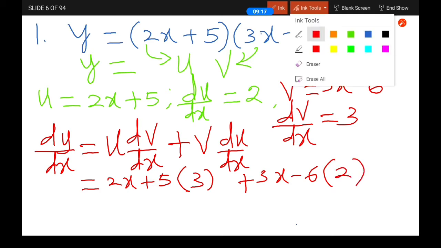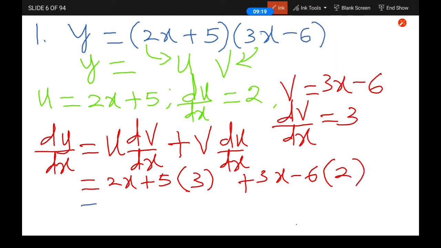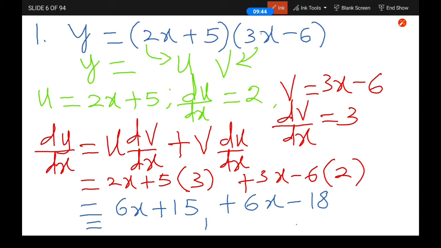Such that we're going to be getting what now? That becomes 3 times 2x, that is 6x, plus 5 times 3, 15. Then we have plus 3x times 6, that will be 6x still. Then we have minus 18. Now, what do you think the final answer will be? The final answer will be 6x plus 6x, which gives us 12x.